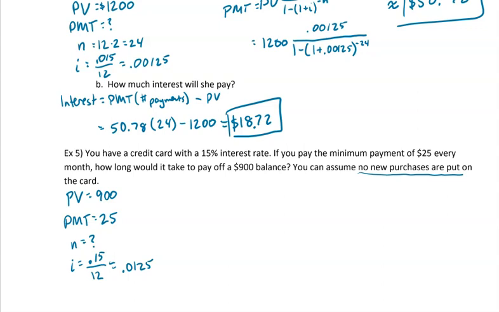So in this one we are solving for n. So remember, just look back at the formulas. The one for n is negative ln of 1 minus (PV over PMT) times I, all over ln of 1 plus I.